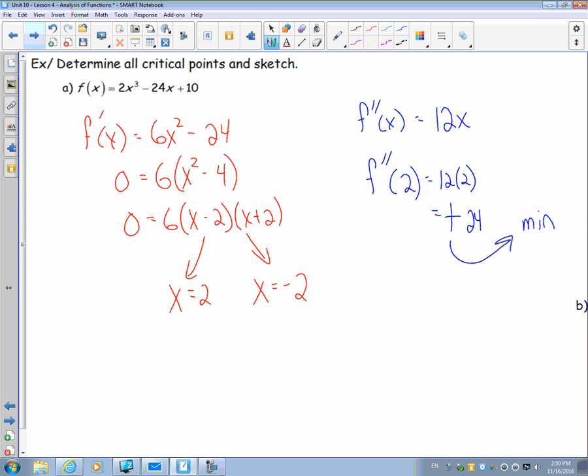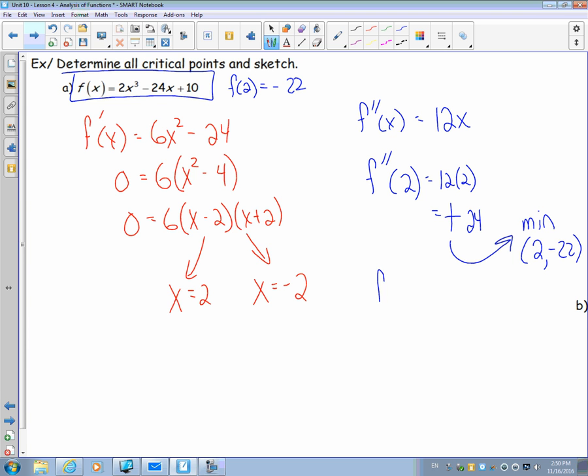A minimum at 2 and something. How do I get the somethings? I go back to our original equation, and I plug in 2 for all the x's. f at 2, if you plug that in there, you end up with -22. So we have a min at 2 and -22.